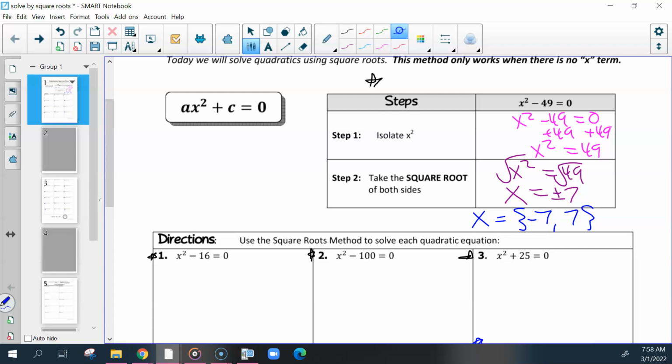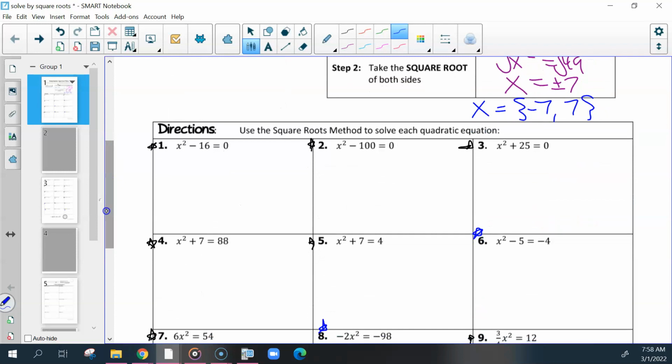So let's work through some more of these. Number 1, isolate your x squared, so move 16 to the other side. And then take the square root of both sides. Don't forget your positive and negative, so that would be x equals plus or minus 4.